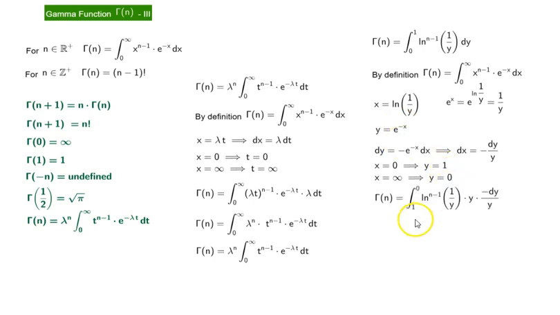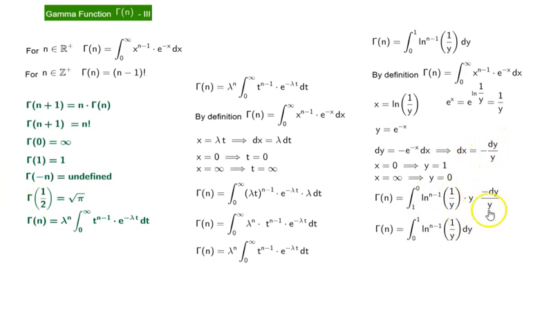So now carrying out the substitution, we get gamma of n is equal to the integral from 1 to 0 of x to the power of n minus 1, which is natural log of 1 by y to the power of n minus 1, times e to the power of minus x. e to the power of minus x is y, times dx. dx is minus dy by y.